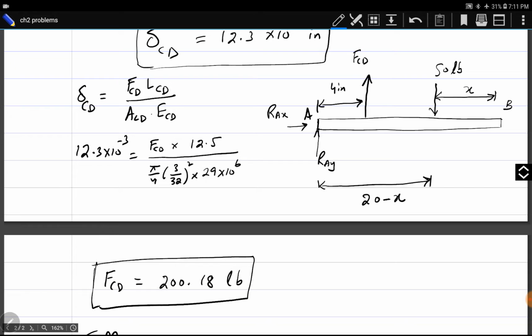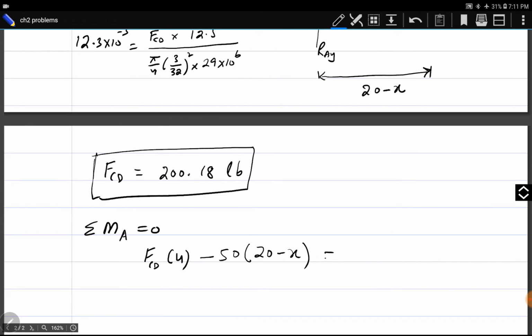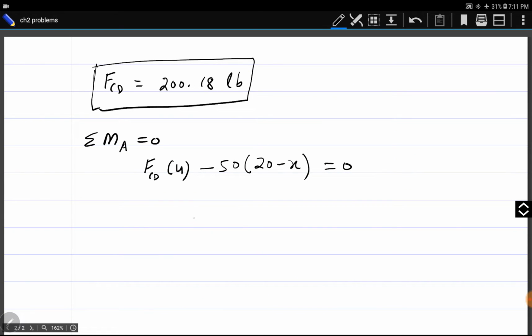This 50 pounds force has a distance of 20 minus x from end A. This sum is equal to 0. So FCD is known already. x can be calculated from here. You can put the value of FCD here, and after calculations you will find x equal to 3.9856 inches. This was required in the problem.